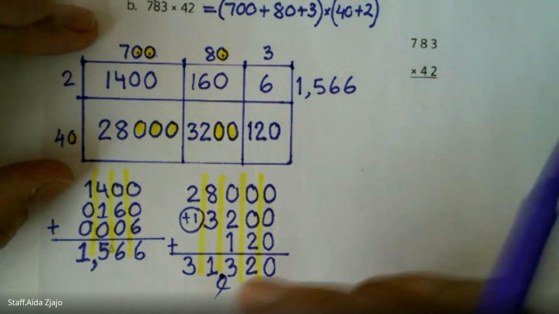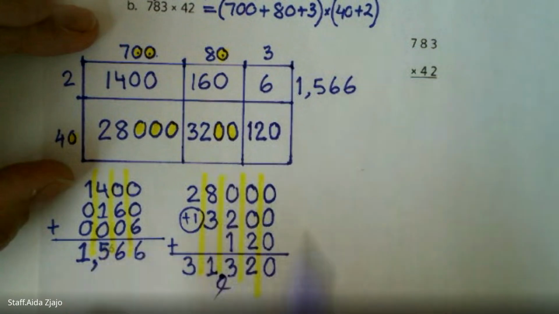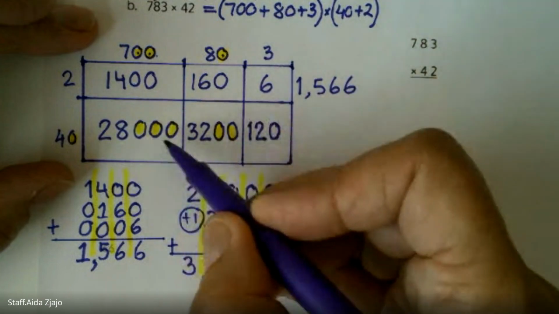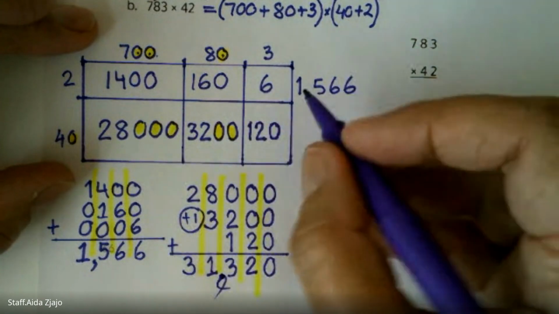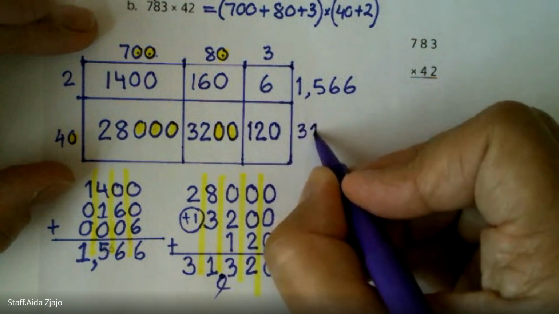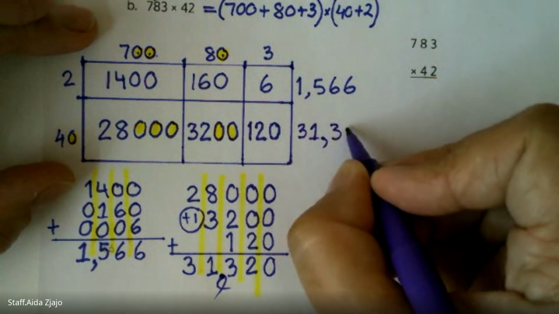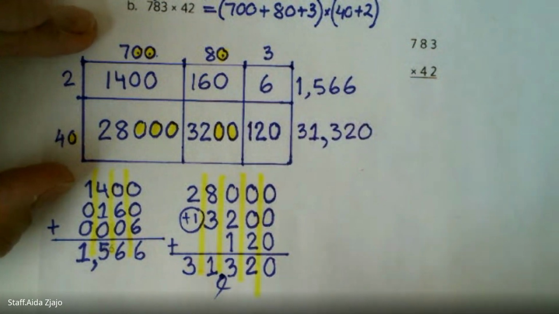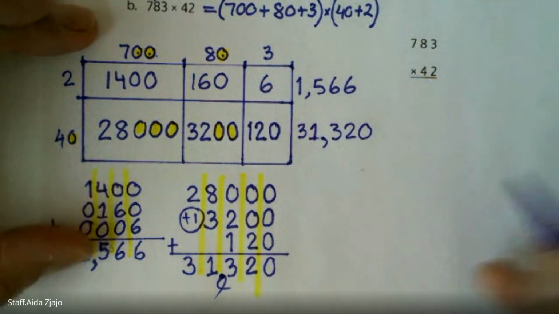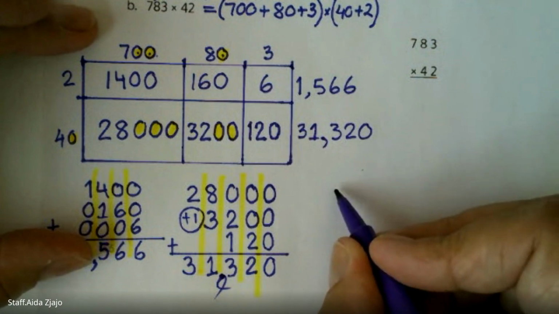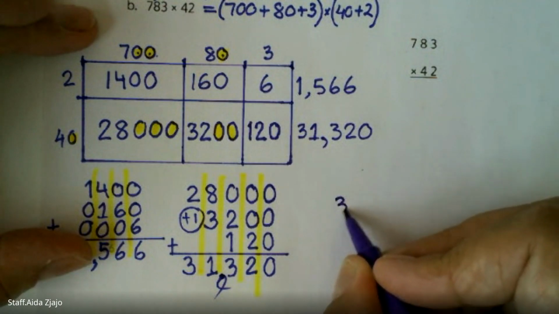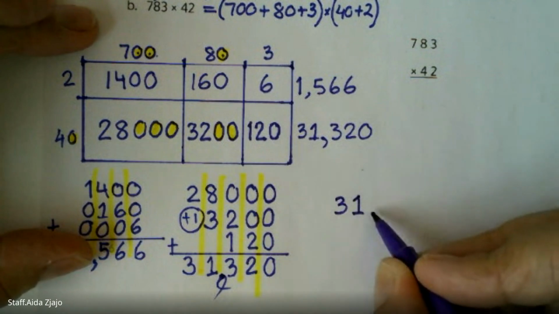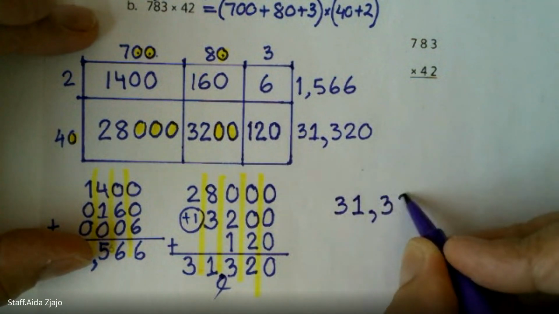Now this plus this will give us the final answer. So this part plus this is equal 31,320. Okay, and if you add those together, I'm going to add it right here. 31,320.